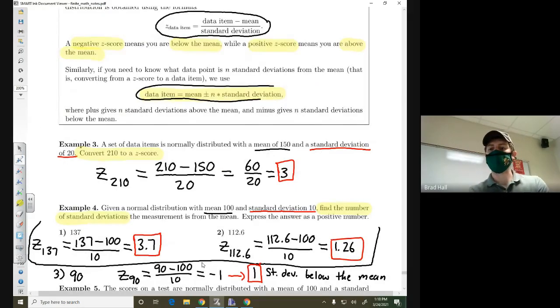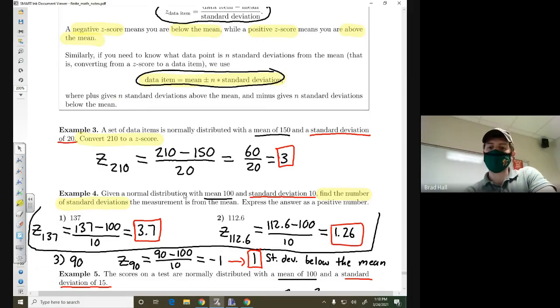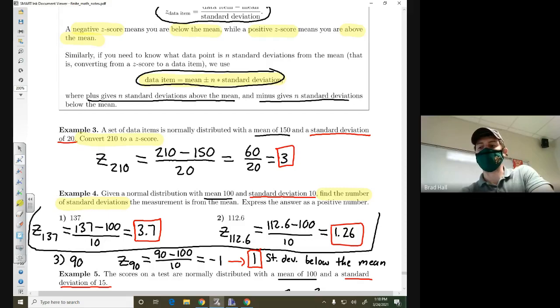We're trying to figure out the data value given the z-score. Plus gives n standard deviations above the mean and minus gives n standard deviations below the mean. It's a very equivalent thing.